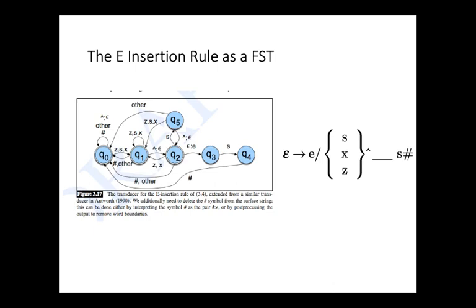Then we're at the word boundary, so we can only go back to Q0. So it accepts bugs, but it just returns bugs. Well, it would be bug morpheme boundary S. But it works the same way. That's what that slide is about.